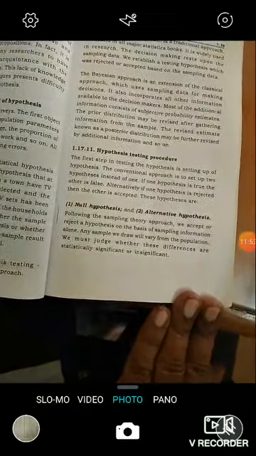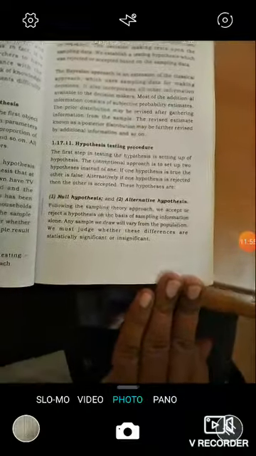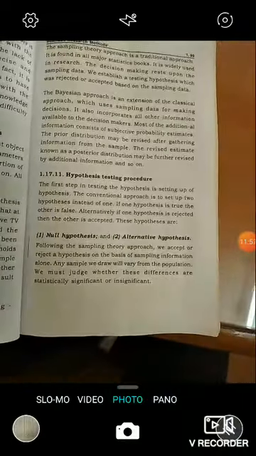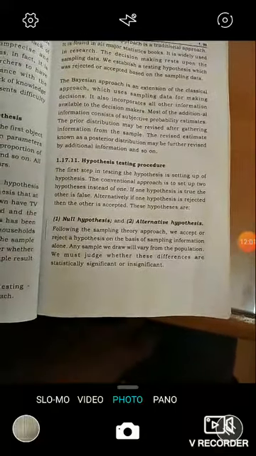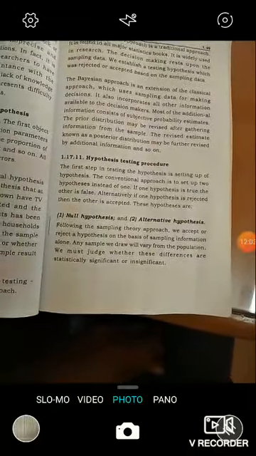For the hypothesis testing procedure, there are two steps we follow. The first step is to formulate a null hypothesis. It is called H naught. It is mostly in negative form, a negative statement.